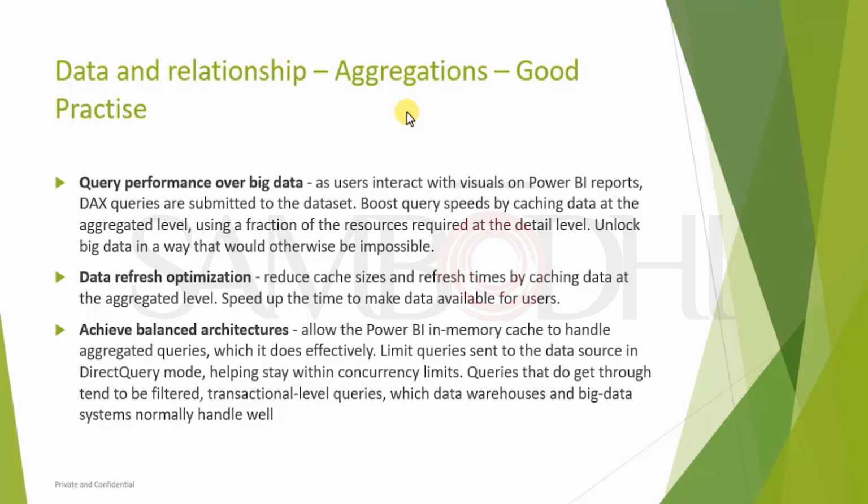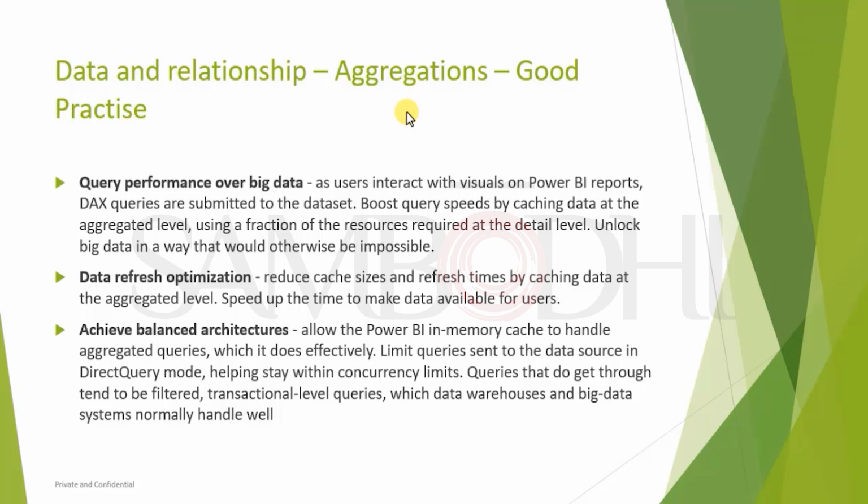Data refresh optimization: reduce the cache size and refresh times by caching the data at aggregate level. So always have dual mode enabled at the aggregate level, which is a master table or the summary table as I call it, and speed up the time to make the data available for the users.